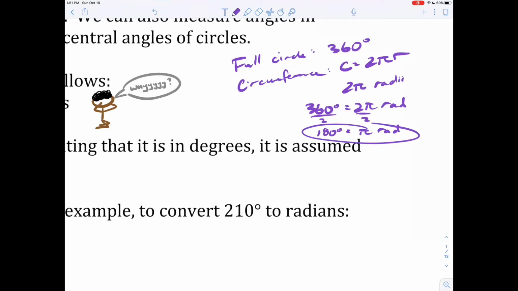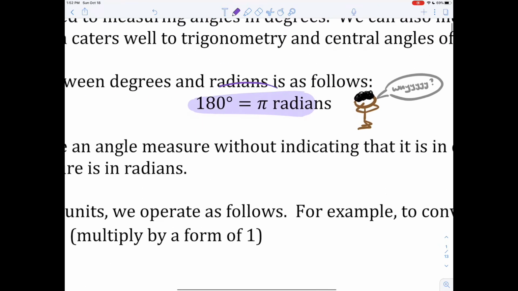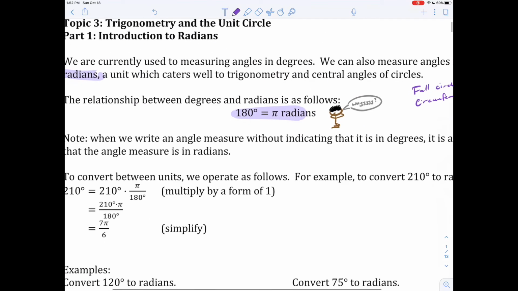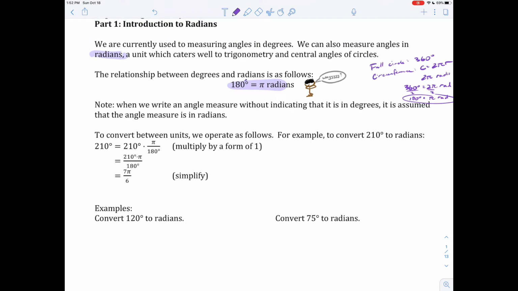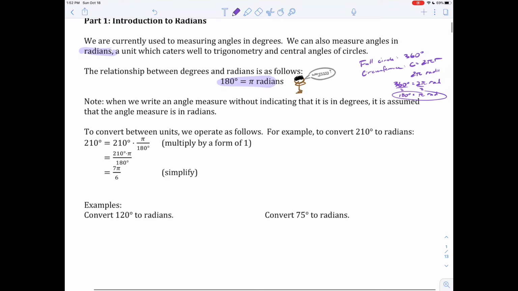It's that relationship between 2 pi r being the full circumference, and going around that full circumference means that you're rotating 360 degrees. So for that reason, we have this, and we can convert between the two. Now, if you have something in degrees, it is very necessary that you put that degree symbol there. If there is no unit indicated, it's assumed to be radians.